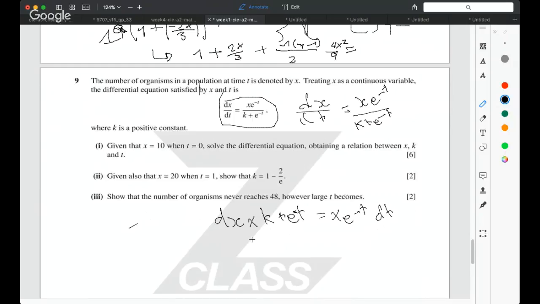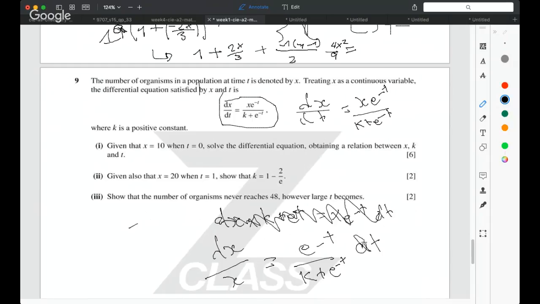Oh, yeah, that makes sense. Do it again. So dx divided by x is equal to e to the negative t over k plus e to the negative t dt. Now you've separated the variables.